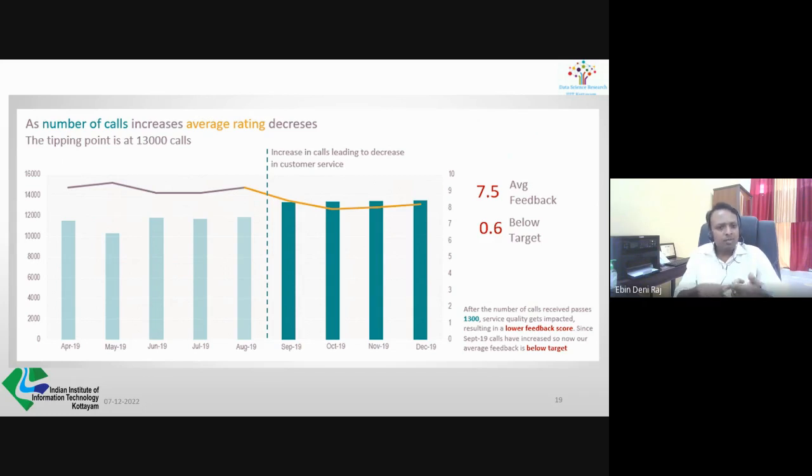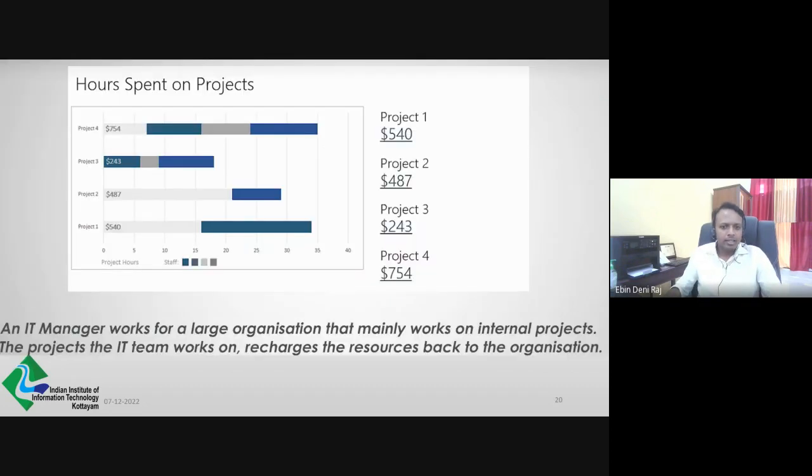So every element of the visualization, right from color to the labels and the written words, adds to your story. One more example, again related to business. So imagine that an IT manager works for a large organization that mainly works on internal projects, and the projects of the IT team, they basically recharge the resources back to the organization.